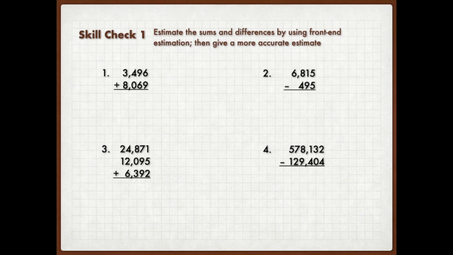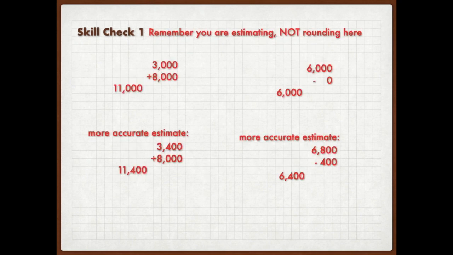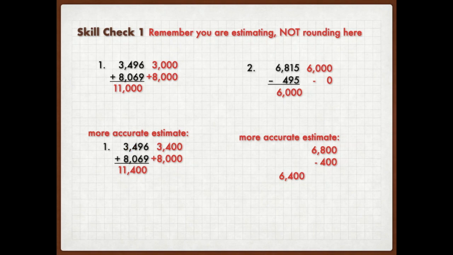Pause me now, and then take a look at the answers. Here's number 1 and number 2. At the top, we have just the front end. I'm just dealing with 3 plus 8.